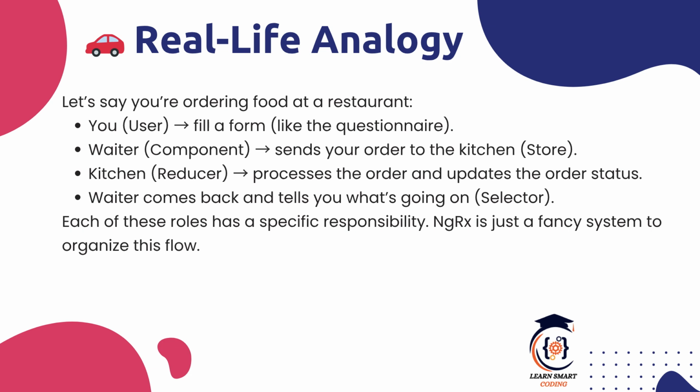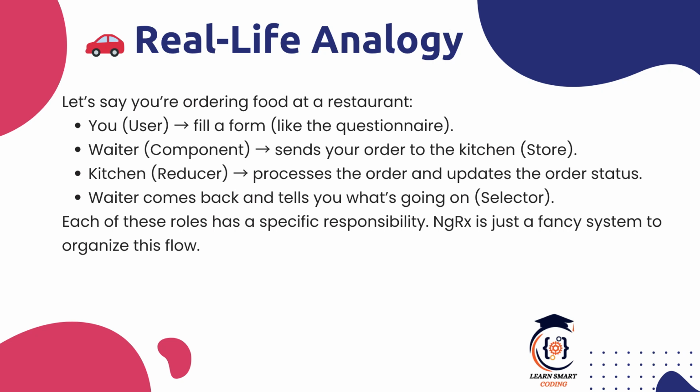Now here comes the kitchen. Consider the kitchen as a reducer, which processes the order. The kitchen is the one which processes your order, right? Somebody cooks the food in the kitchen. So it's processing the order and updating the order status, whether it is preparing, it's ready, all of those things. Now the waiter comes back to you and tells you what's going on.